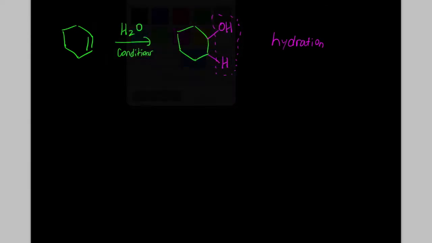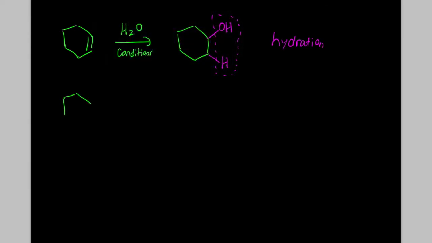You can also react alkenes with hydrogen halides. Okay, HBr, HI, HCl are the examples. And what you form here is an organohalide. It could be chlorine, bromine, or iodine.